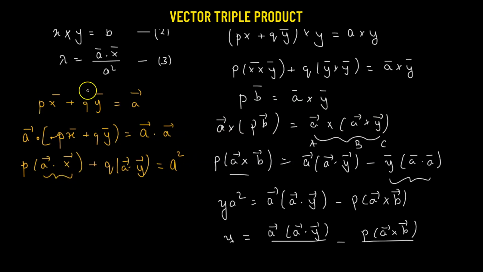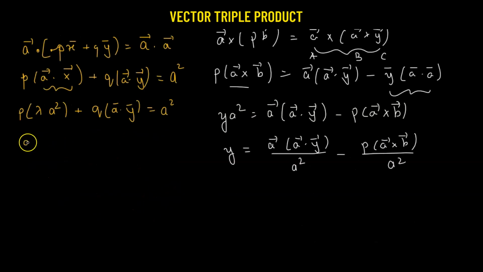If we look at a dot x, this can be replaced by using equation number 3. So this will become p times lambda a squared plus q times a vector dotted with y vector, equals a squared. So now we have q times a vector dotted with y vector equals a squared minus lambda a squared p.